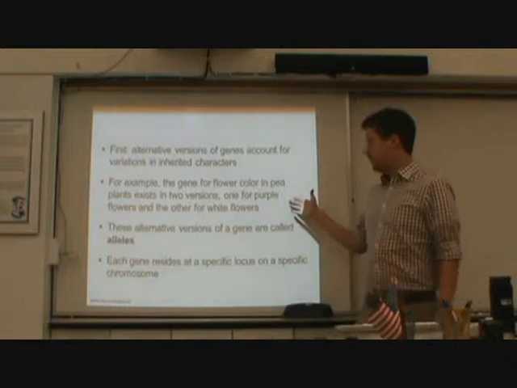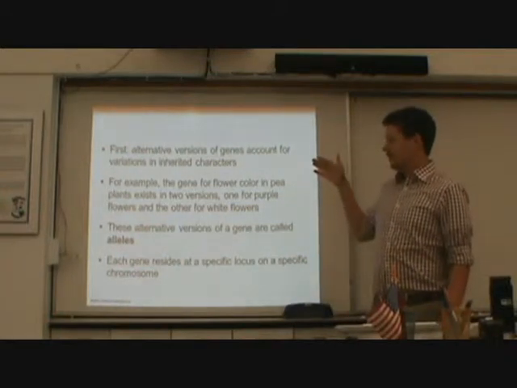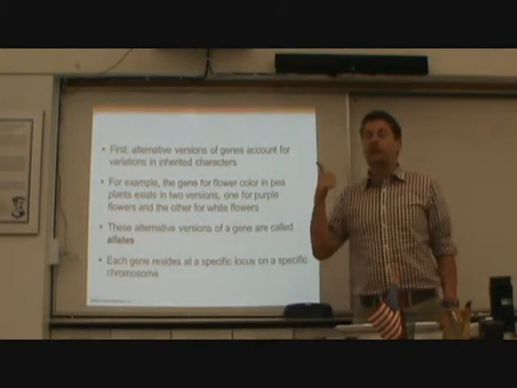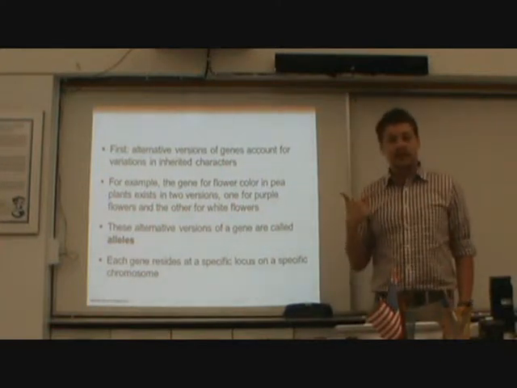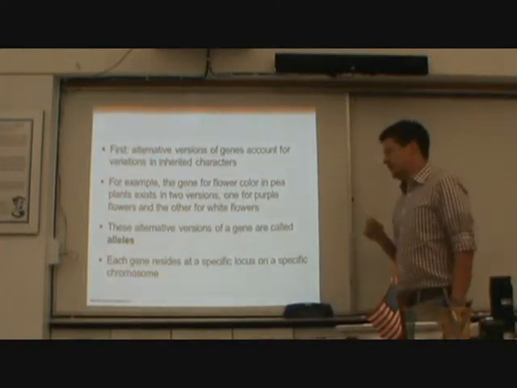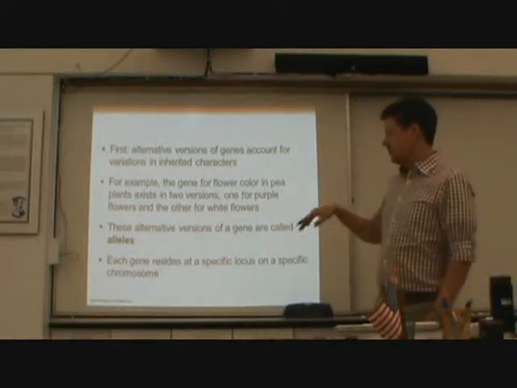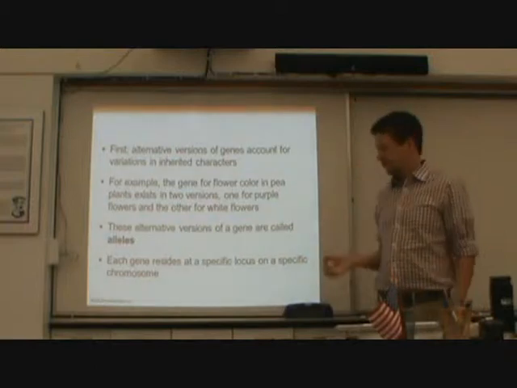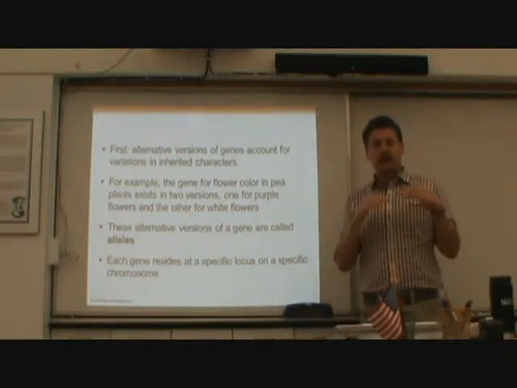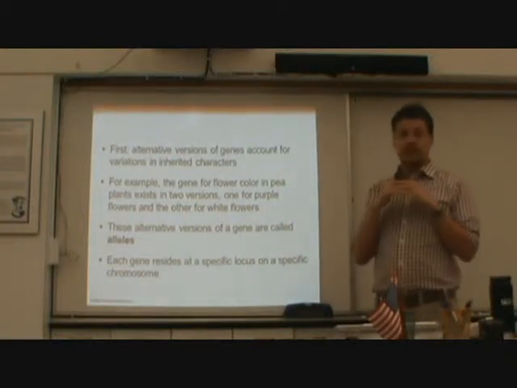So for the pea flower, there's one allele of the color gene that's purple, and one allele that's white. And then each gene is going to be at a very specific locus, a specific location, on a specific chromosome.